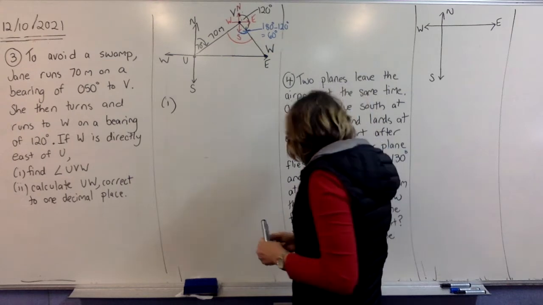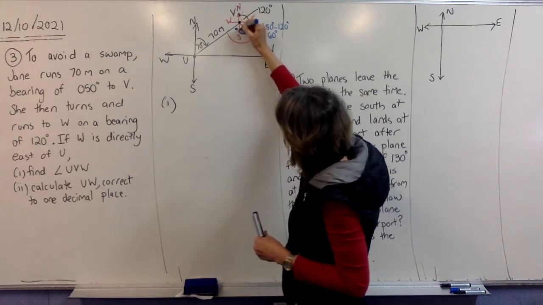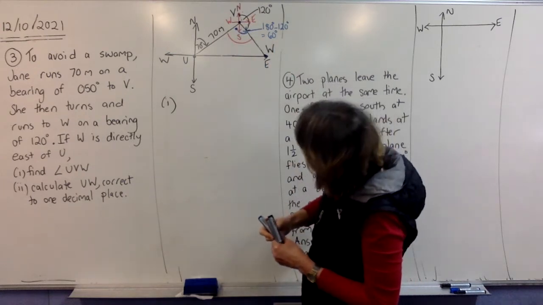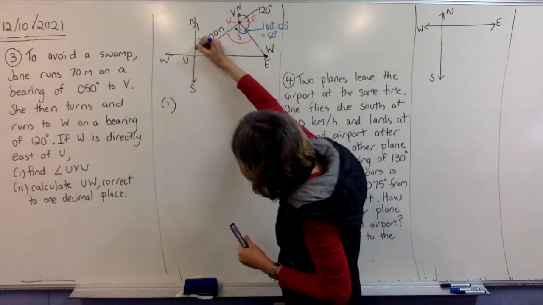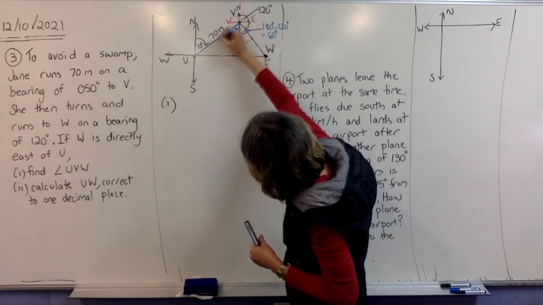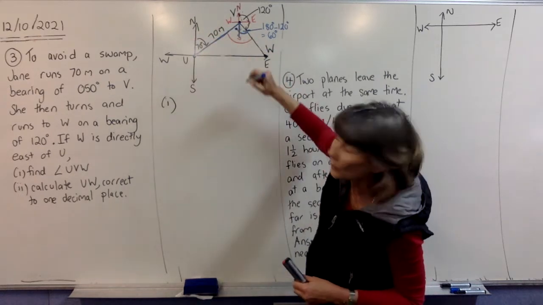Now the other section on the other side, this bit, from here to here, if you look over here, you'll see that you've got a Z shape forming. That means we have alternate angles if we look at our parallel lines, our two north-south lines.